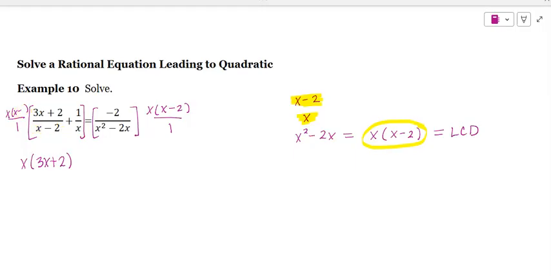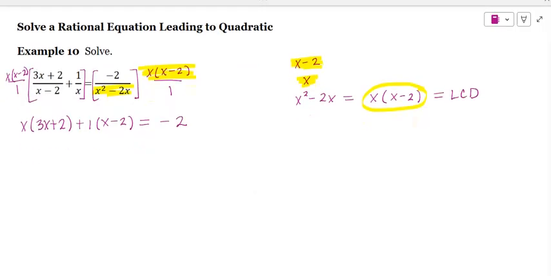When I multiply by that next fraction, the x's are going to cancel each other, and I'll be left with just a 1 times x minus 2. All right, let's switch to the other side. On the other side, when I multiply, this whole denominator is going to cancel with this whole thing. And so I'm going to be left with just a minus 2.